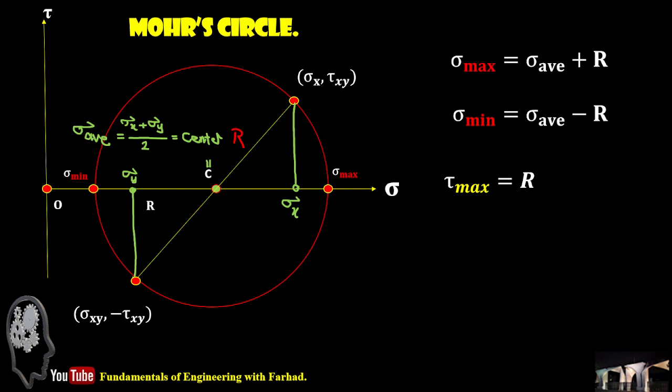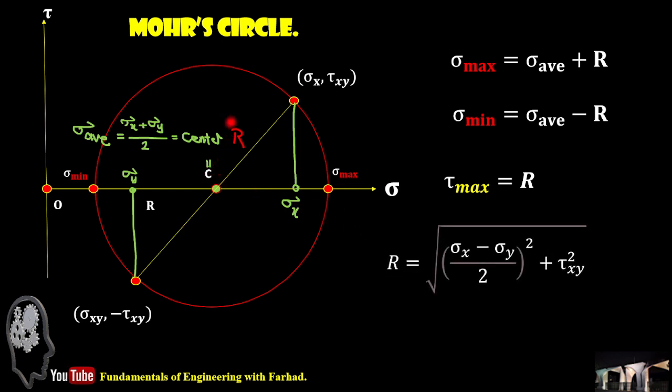And if that's the case, if you want to calculate the radius, this is the hypotenuse of our triangle. This distance, as you can easily see, is sigma x minus sigma y over 2. Because over here, this is sigma x, up to here is sigma y. And this distance is sigma x minus sigma y.